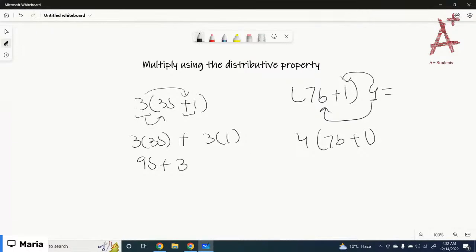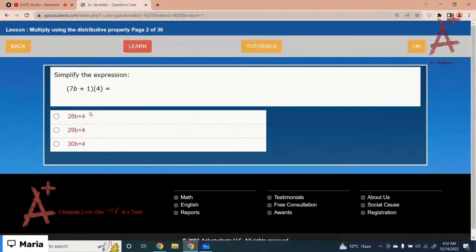You have to do 4 times everything inside the bracket. Just do 4 times 7b, in both cases it is exactly the same, and 4 times 1. So 4 times 7 is 28b, and 4 times 1 is 4. So it would be 28b plus 4. The correct option is the first one, 28b plus 4.